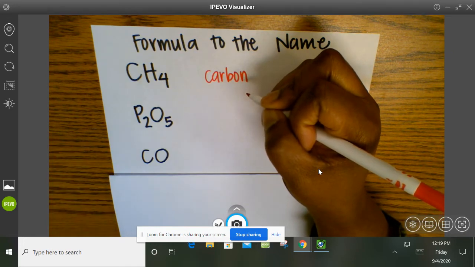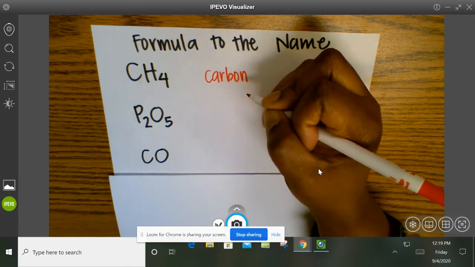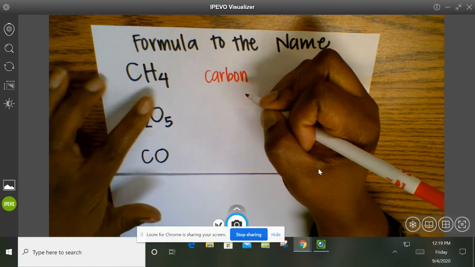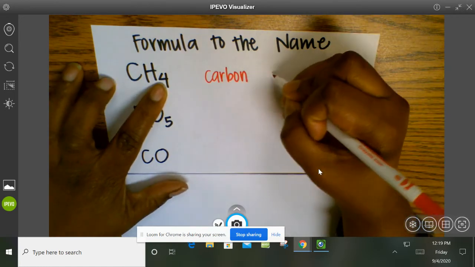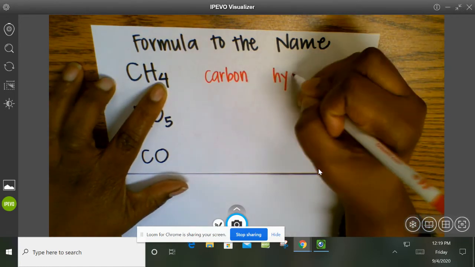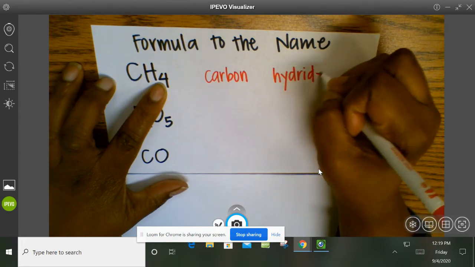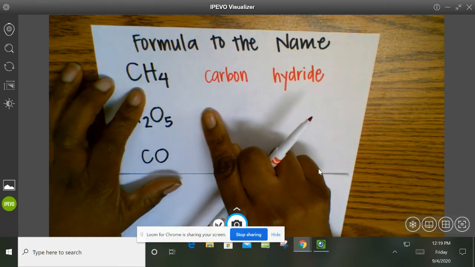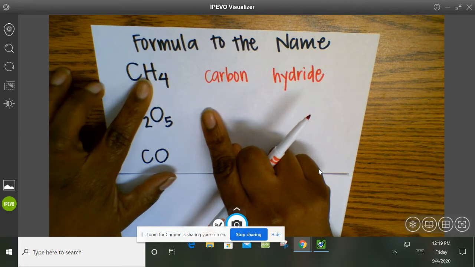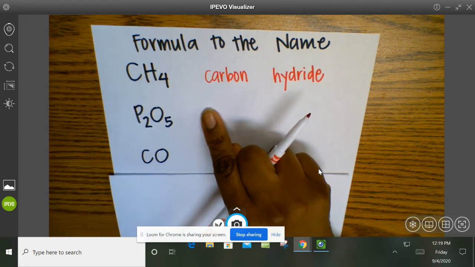So what's going to happen is you're going to take the root and add the suffix ide. So hydrogen becomes hydride. Okay. And then the next part, we're looking at subscripts to give us information on what prefix we would need to use.